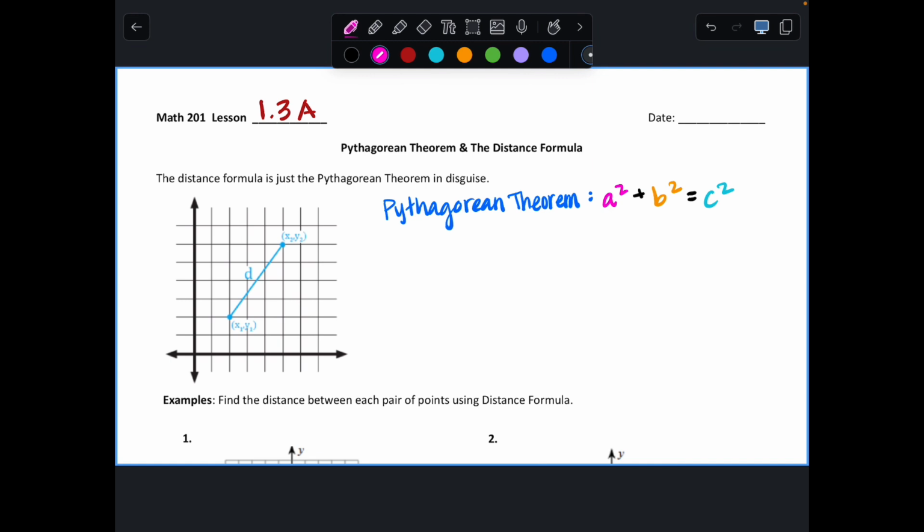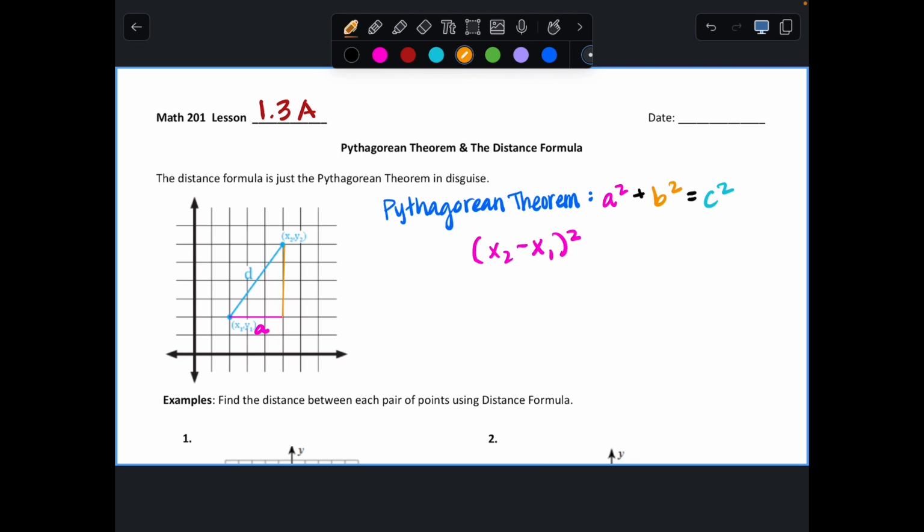So when we subtract x2 and x1, that gives us side A. That's the horizontal distance.